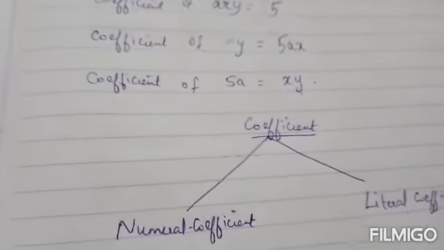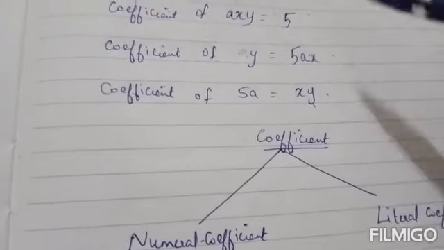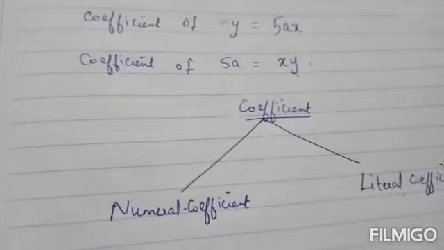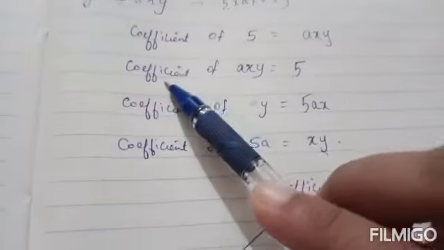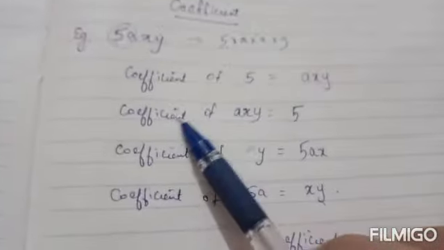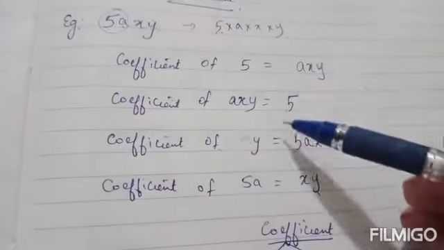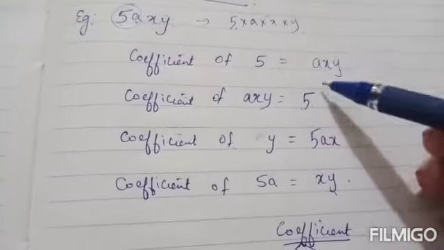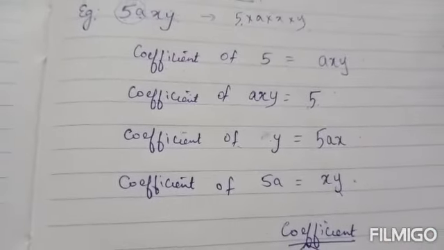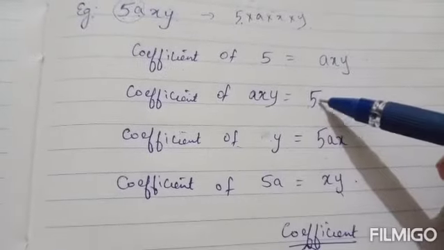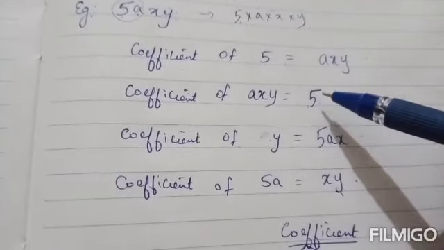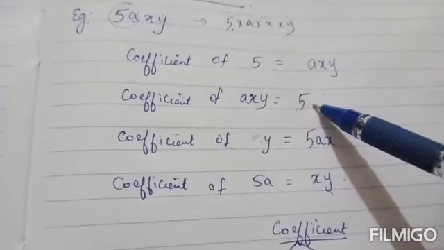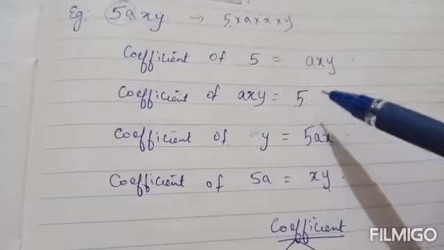Numeral coefficient means it contains only numerical quantity. For example, the coefficient of axy, here in this example, we got 5. Only a number is coming, no variable is coming, so it is a numerical quantity.